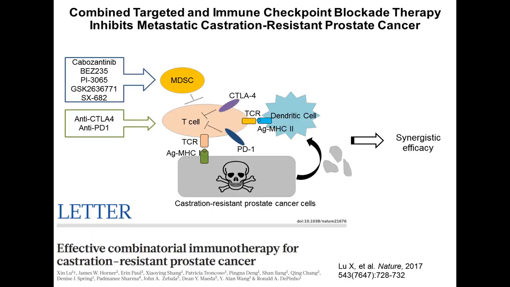If you only do one of those, it will not be effective. But if you do them together in a proper way, you will be able to elicit a strong anti-cancer synergistic effect.